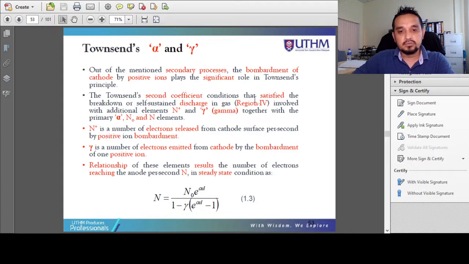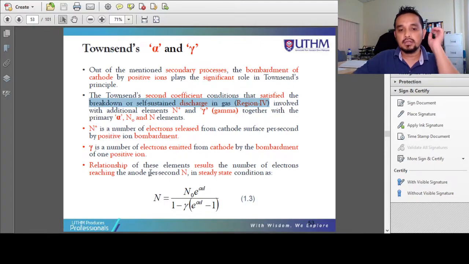If we relate to region 4, which we call the independent or sustainable ionization process, or total breakdown, the Townsend coefficient condition satisfies the self-sustained breakdown in region 4. This involves this formula.